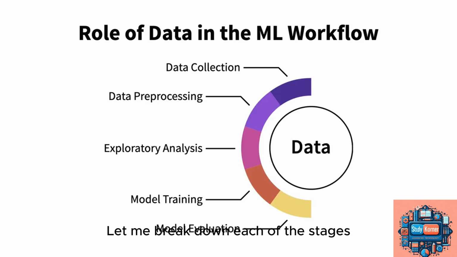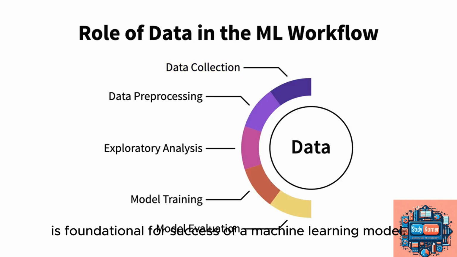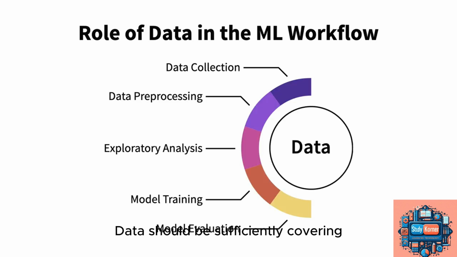Let me break down each of the stages and show you how data plays a critical role. Firstly, while doing the data collection, obtaining high-quality, relevant training examples is foundational for the success of a machine learning model. Data should sufficiently cover the expected real-world use cases.